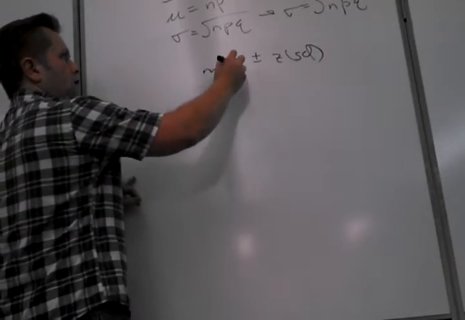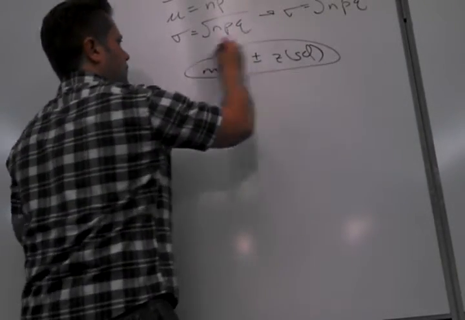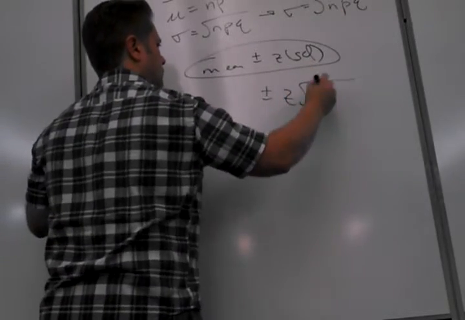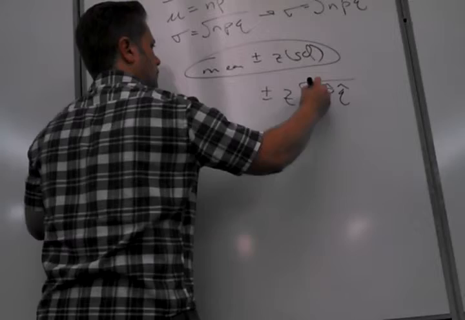You don't do that for a binomial problem, because I'm not talking about the sample means in that problem. So you really only do one tweak at a time for that kind of problem. Here, the standard deviation is this, and I don't divide by square root of n, because that's not this kind of problem.